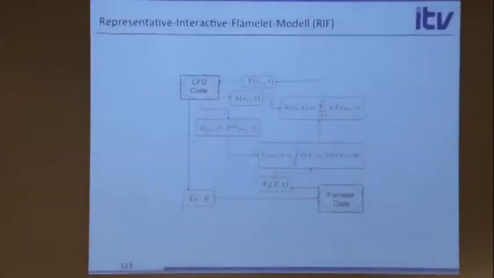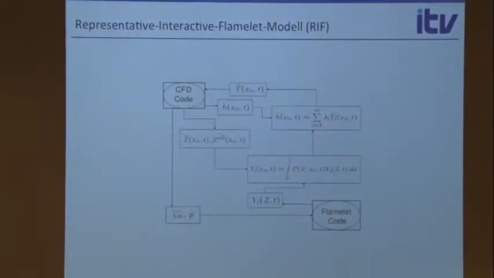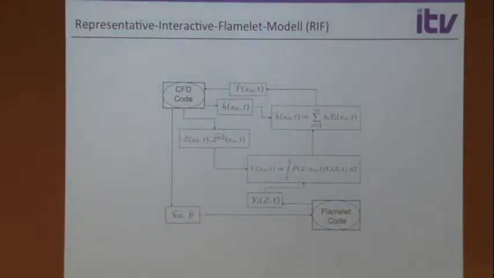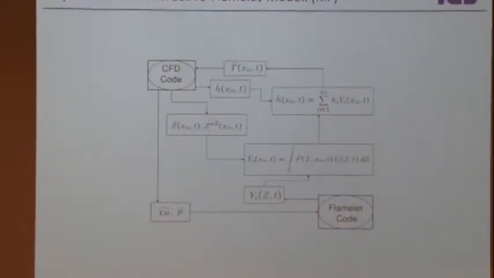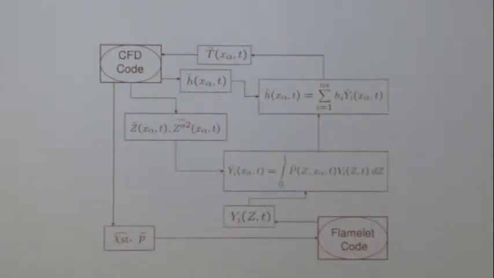The enthalpy is defined or can be computed by h_i, the enthalpy of one species. Didn't I just write this down here somewhere? Yeah, here. So h_i, the enthalpy of each single species, which is only a function of temperature, times the mass fractions and then the sum over all species.